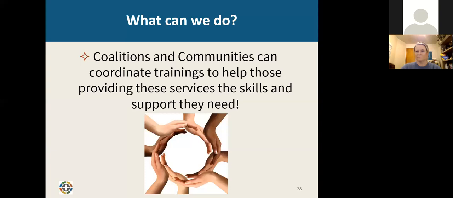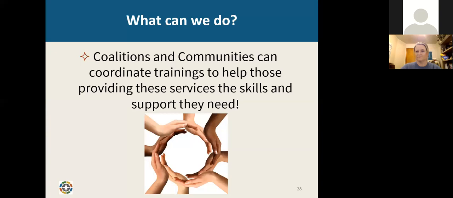It's so crucial for individuals not to just go to one training and then start handing out screens. What has been seen to be very effective is to have ongoing support for those individuals, because we may need to update those skills or practice those skills within our agencies, within our service delivery. And so really helping to coordinate those trainings.